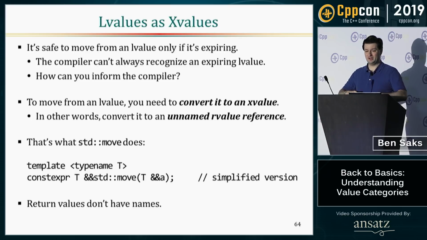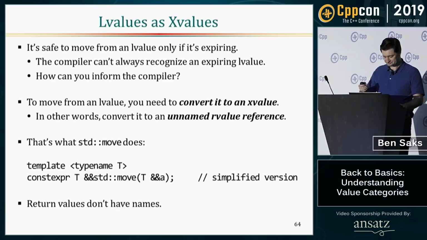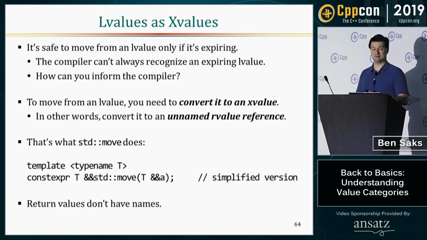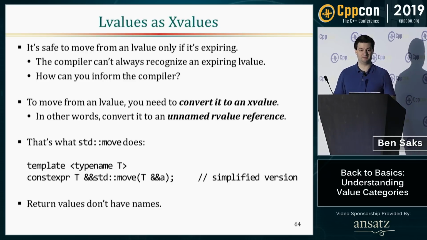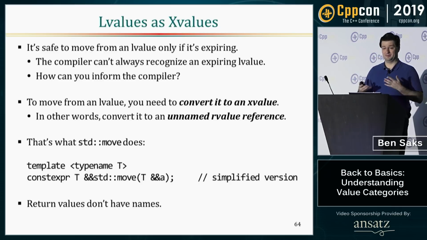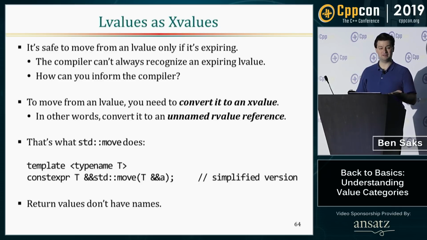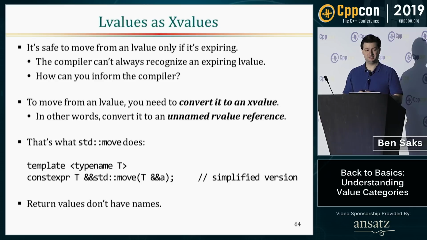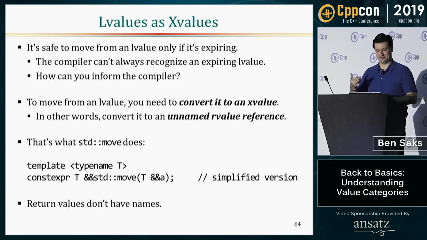Again, as a programmer, we don't often think about xvalues because we're usually thinking about something as either a long-lived value like an lvalue or a short-lived value like an rvalue.